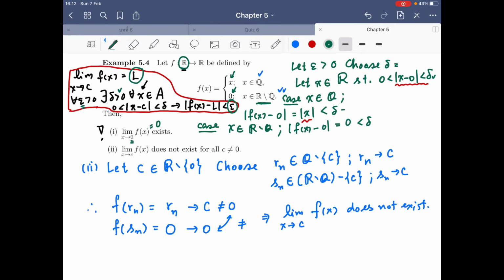So we can say that this delta can be the epsilon itself, so that in both cases the distance between f of x and 0 is less than epsilon. From this definition, we can conclude that as x goes to 0, your function will go to 0 as well. This is the limit.